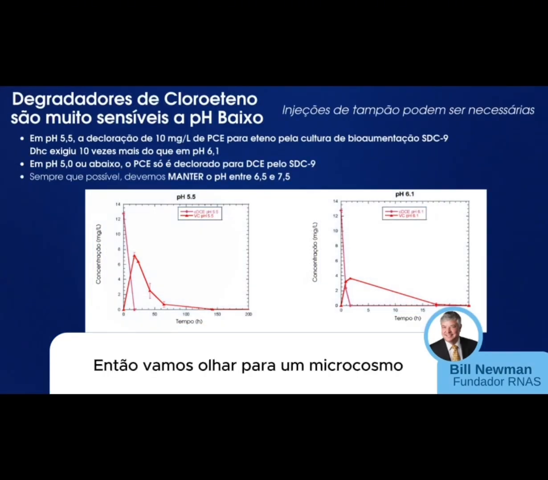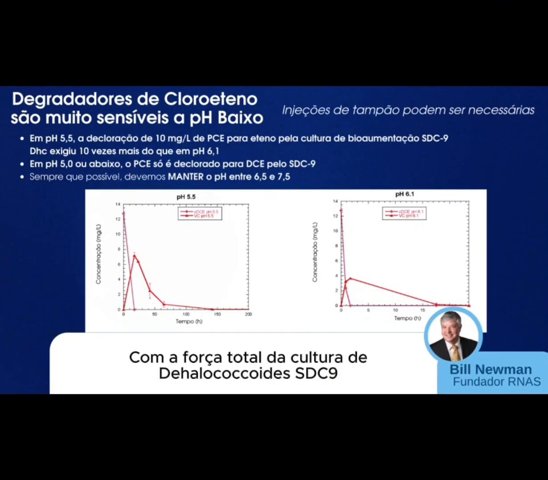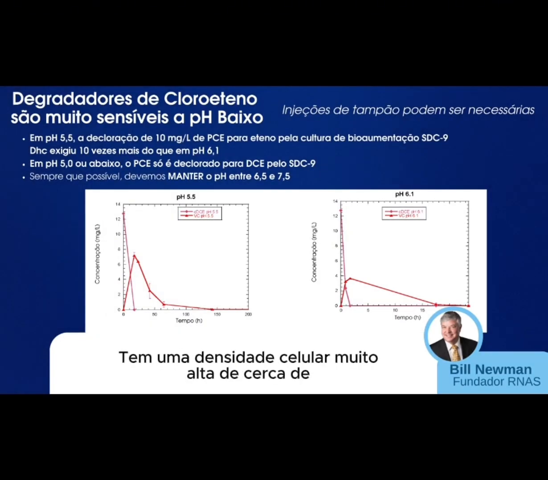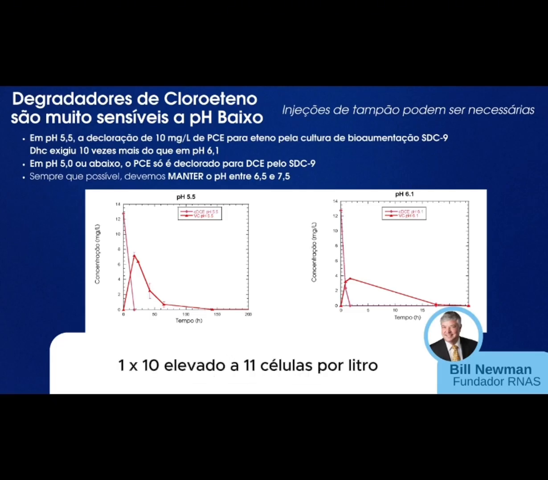So let's look at a microcosm with the full strength D. helicoides culture, SDC9. It has a very high cell density of about 1 × 10 to the 11th cells per liter. And we grow those microbes at pH 6.